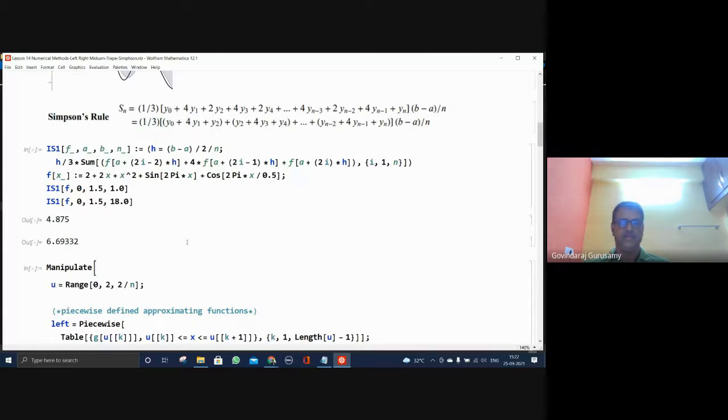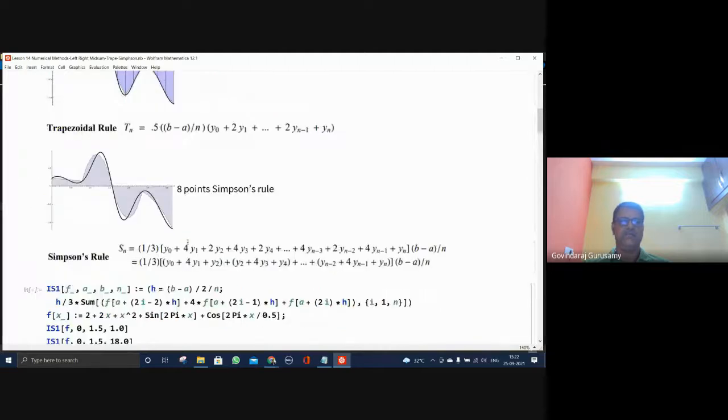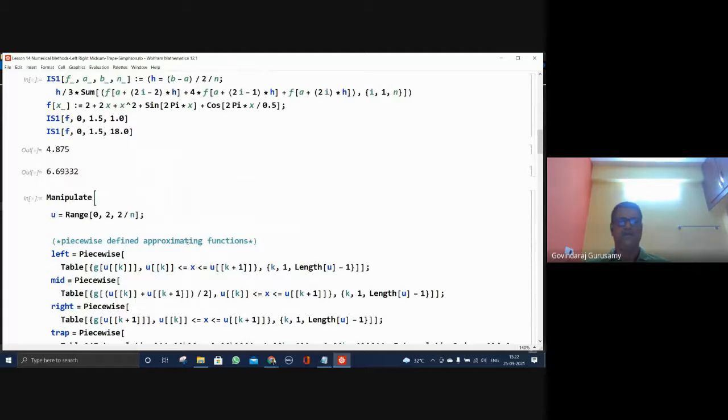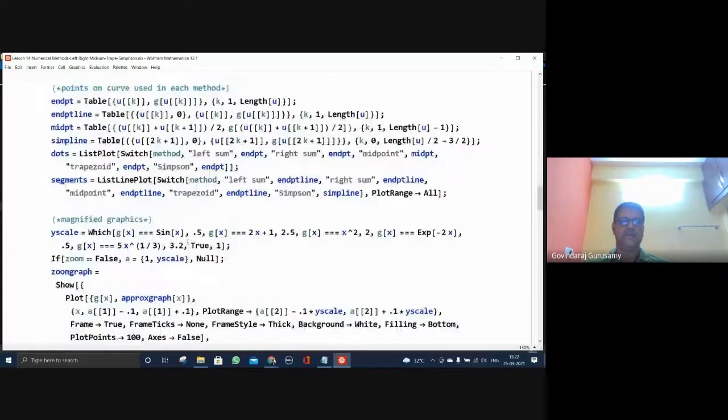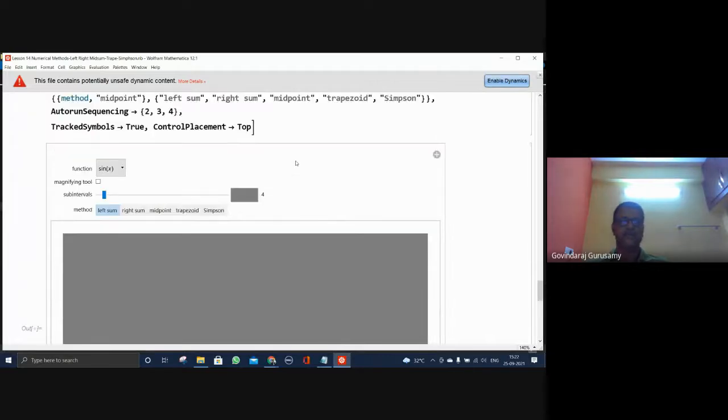So here is a nice demo to show all 5 different methods at a time for different functions. Not only that, it plots the boxes also to show how many points contribute and how much is the value. So you have functions of this type.